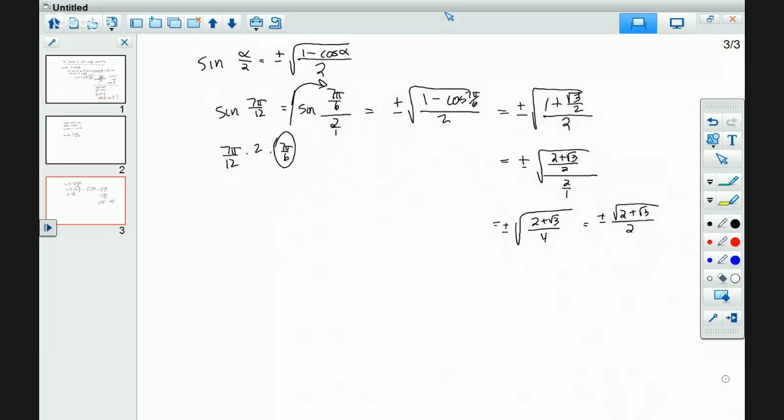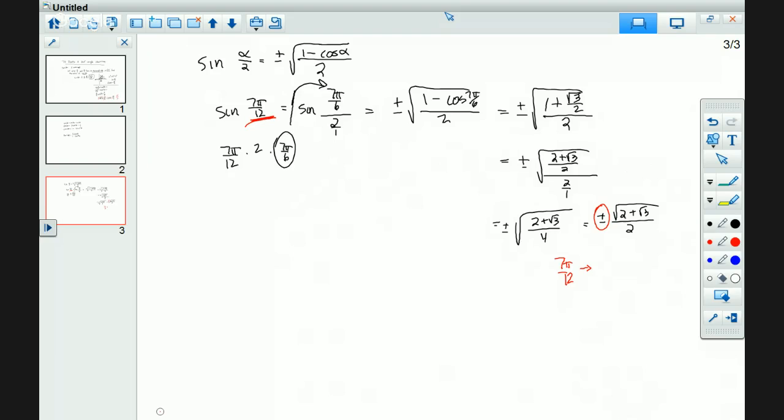Okay, now how do we deal with that? Is it positive or negative? That's the question. We'll go a little Shakespeare on you. If it's in quadrant 3, wouldn't it be negative? 7 pi over 12, right, that's our original angle.